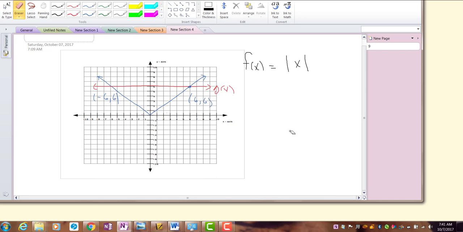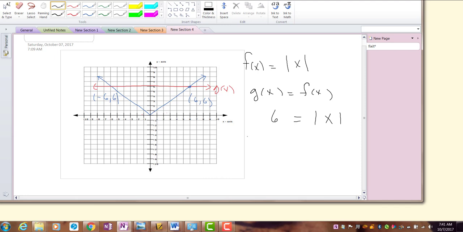So g of x is equal to f of x. Okay, so when does that happen? When does the absolute value of the function equal 6, g of x? Okay, so back to that definition, there are two cases on it.